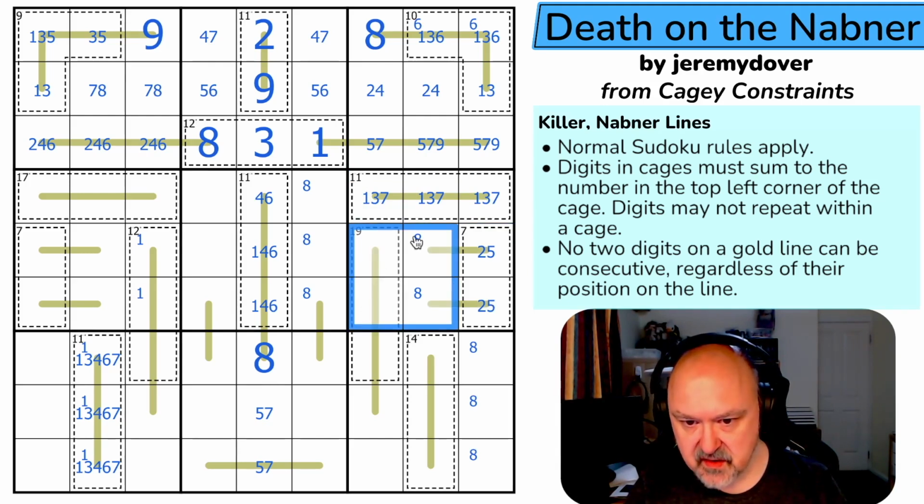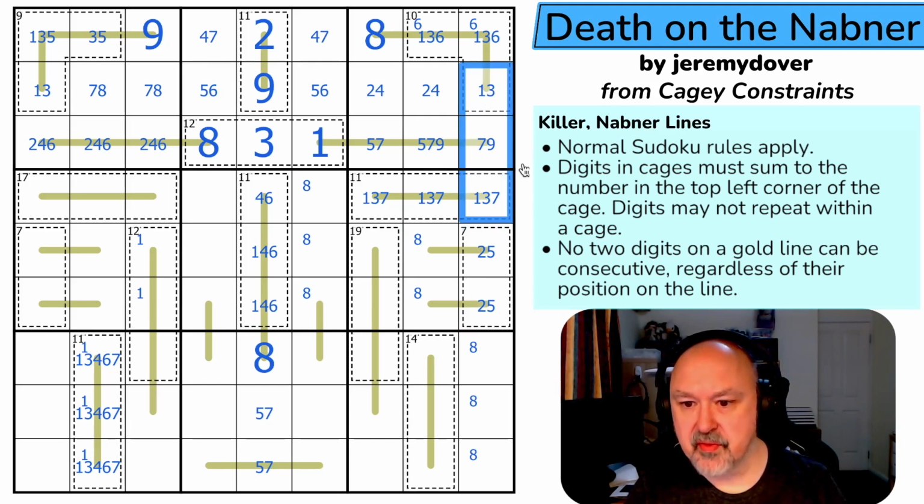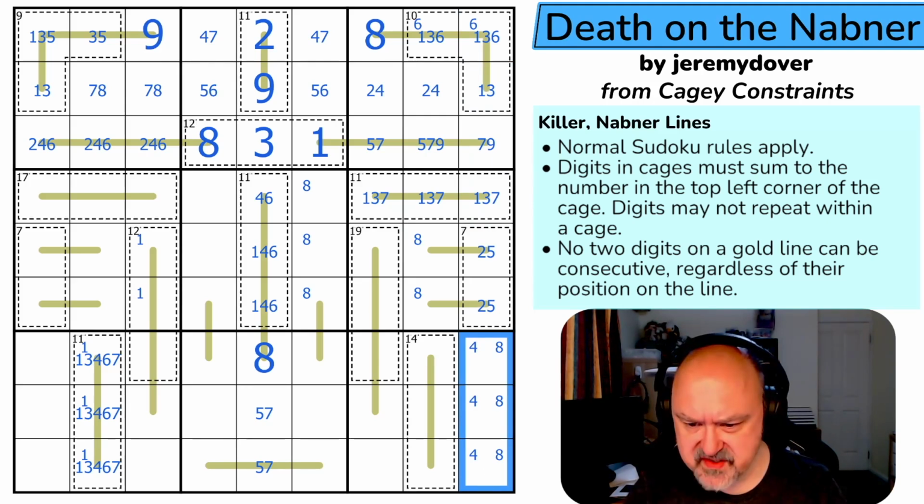That's the trick. The 2, 5 looks up taking 5 out of there, but I don't think that's enough. Well, actually, that's a 1. No, it's not. But there's no 4 in this column. So 4 is down here with 8.